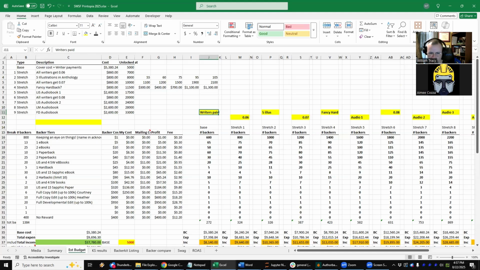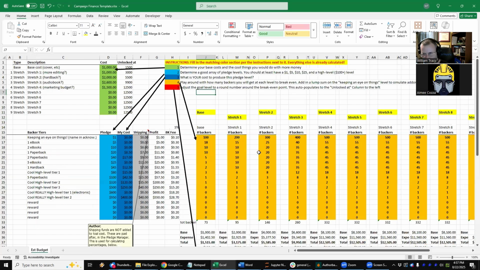If this is your first campaign, use this template. Figure out where your break evens are. Go for that. Have some very easy to reach stretch goals. Don't anticipate you will hit any of your stretch goals. Always anticipate you're going to sort of get to the base level. If you've done a couple crowdfunding campaigns, you can start to stretch this out a little bit.